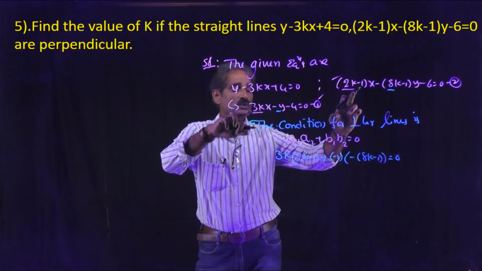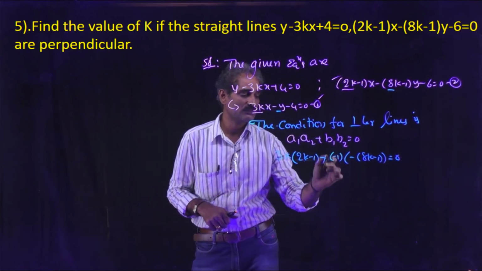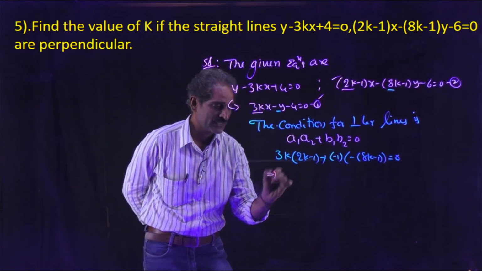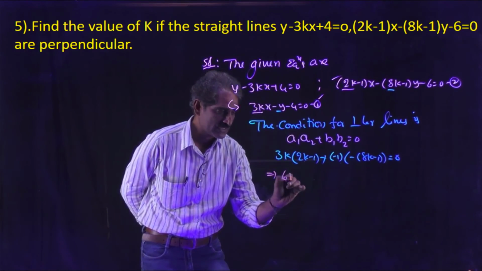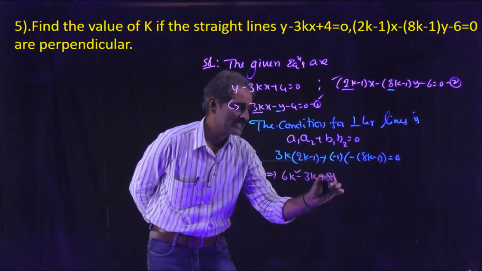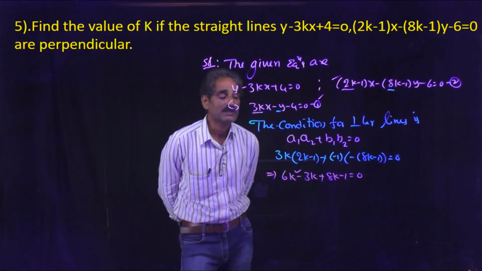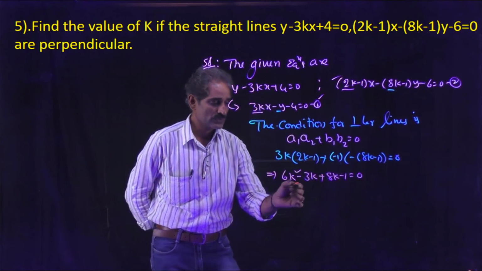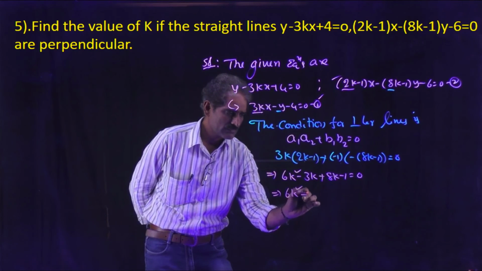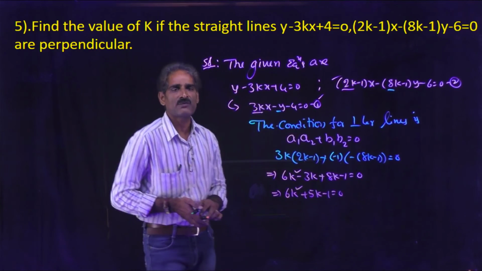Now by simplifying it we will get 6k square minus 3k plus 8k minus 1 equal to 0. So here we can write 6k square plus 5k minus 1 equal 0. Now try to find the factors.